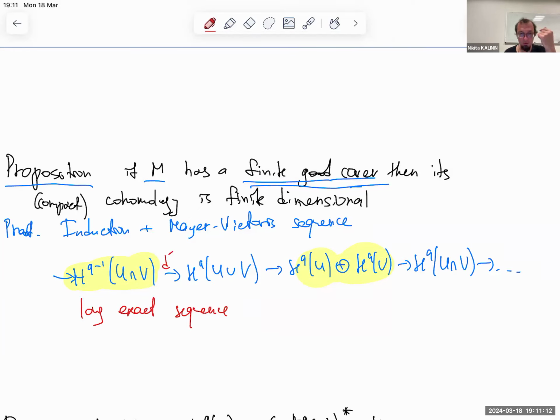Let's say that's called D, and that's called I. And actually, I can write that the q-th cohomology of the union, that's just the kernel of I plus the image of I. Okay, and both things are finite dimensional.